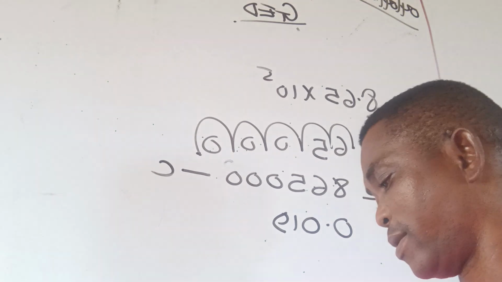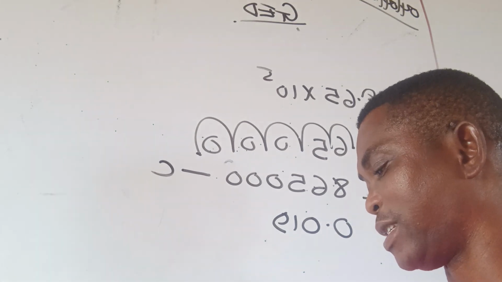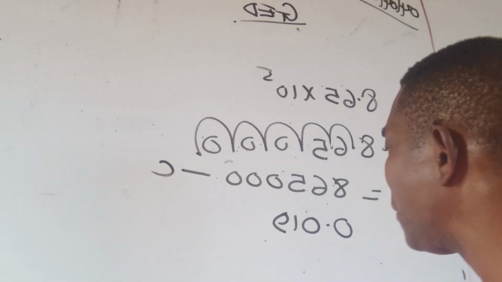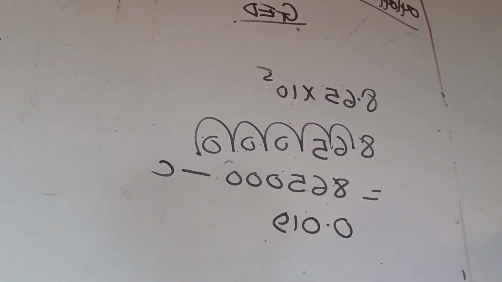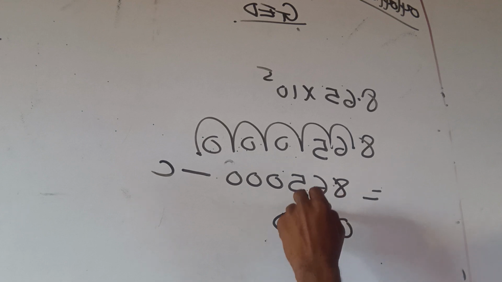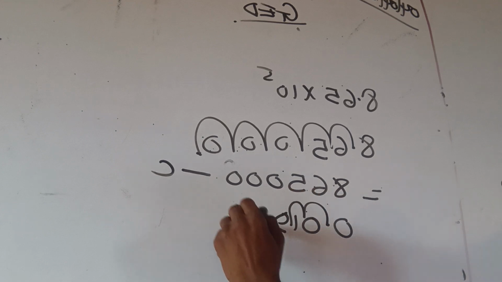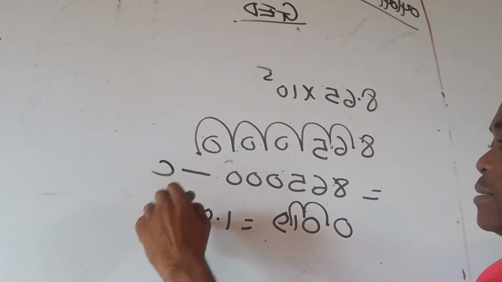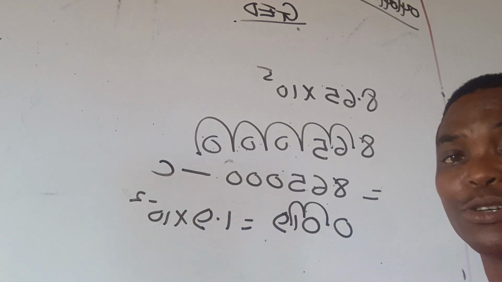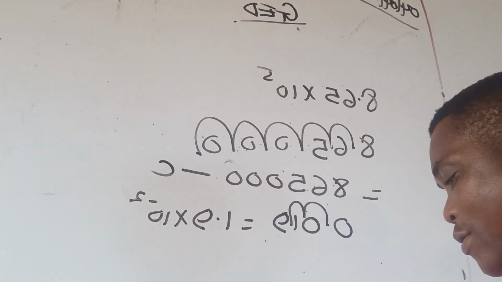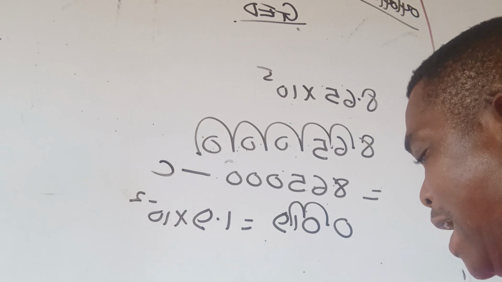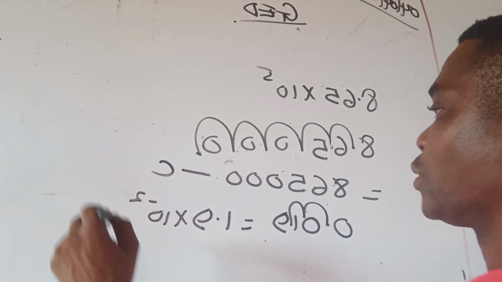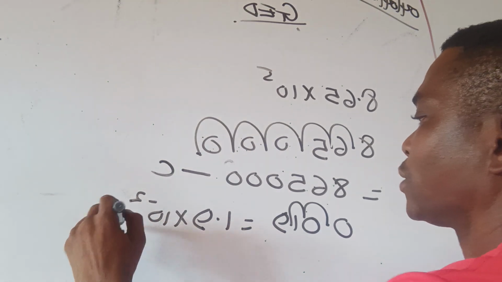Mist is everywhere. So what's the distance written in scientific notation? How do we go about this? This one, you should know that we are moving from left to right. Look at this: 1, 2. So it's going to be 1.9 times 10 raised to the power minus 2. The movement is just twice. And the correct option is 1.9 times 10 raised to the power minus 2. Option A is the correct option there.